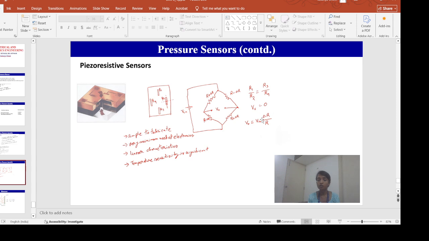So we can easily calculate delR. Once we find delR, the change in the resistance, we will easily be able to know how much is the deflection of the membrane or cantilever, and we will get to know how much is the change in the pressure.